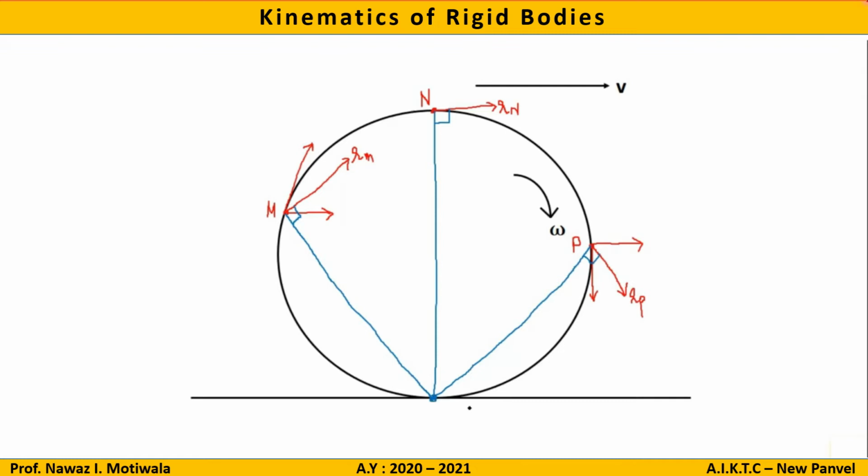The point at which the perpendiculars to all the velocities meet is known as ICR, or instantaneous center of rotation for the body. So what we learned is, if we want to find the ICR of any particular body, we just need to draw a perpendicular to the direction of velocity, and wherever they meet, that point will be the ICR, that is, the instantaneous center of rotation for the body.